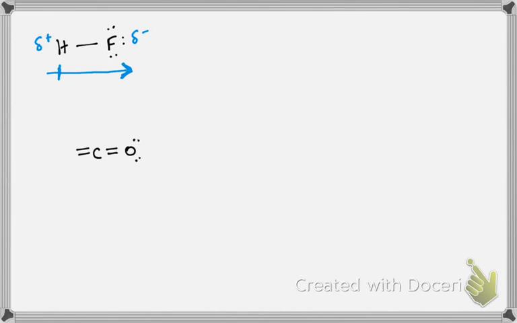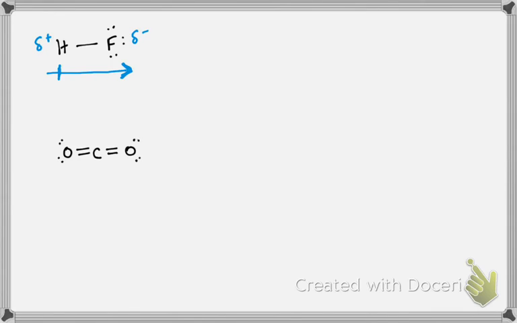And we had this as one of our Lewis structures. And it's a linear molecule. So again, before you do the polarity, you really need to figure out what the shape is first. All right, so let's take a look at how the dipoles play out here.